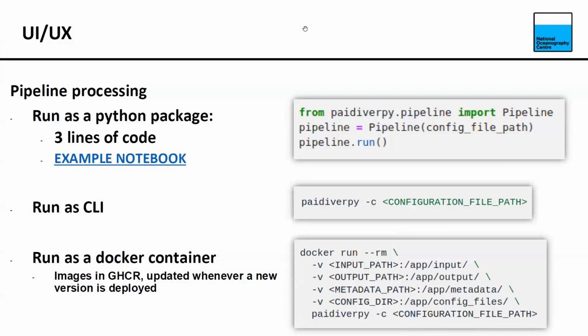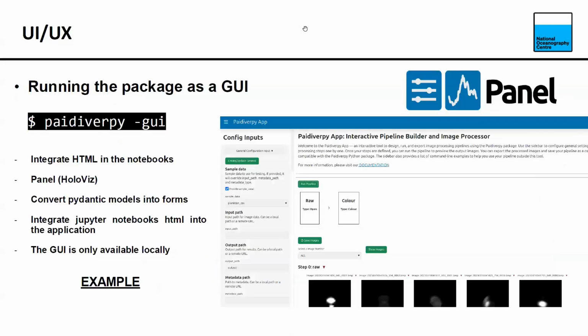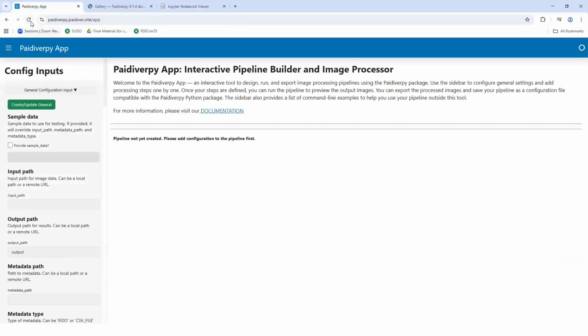And we can also run the package as a command line interface and as a Docker container if you don't want to install things. And one thing that we just implemented like 1 month ago is creating a graphical user interface. So the idea of the graphical user interface is to try to make something that would be easier for the researcher that doesn't know how to code.